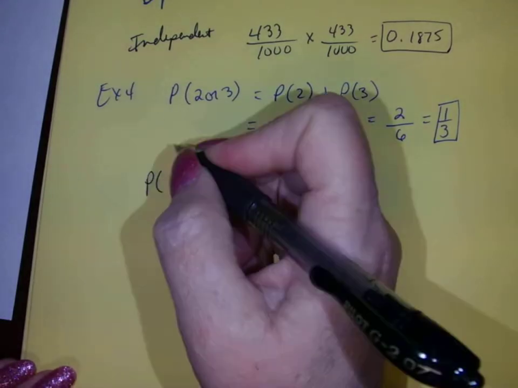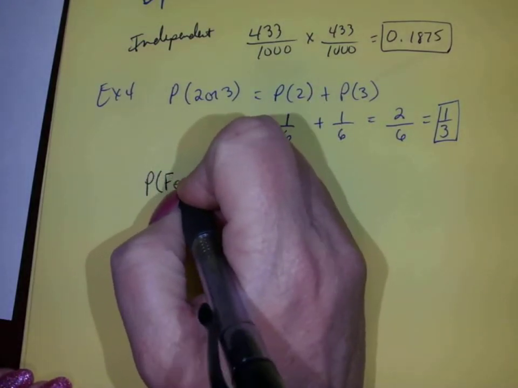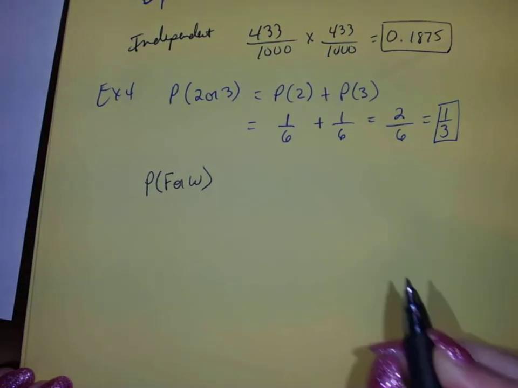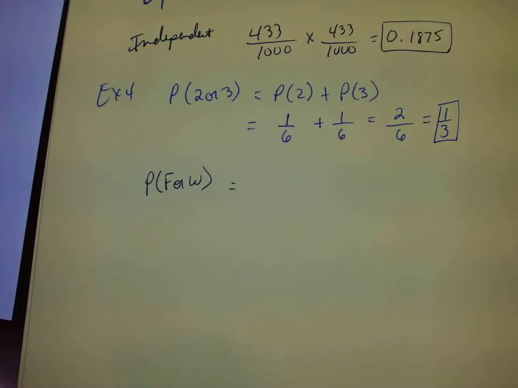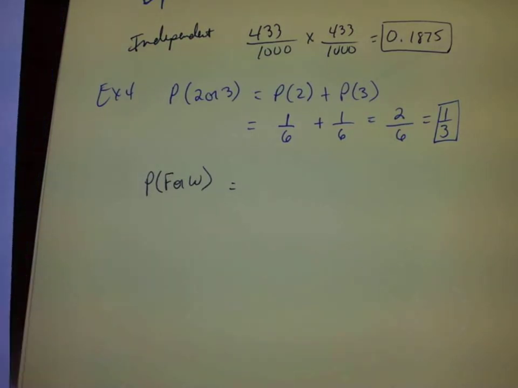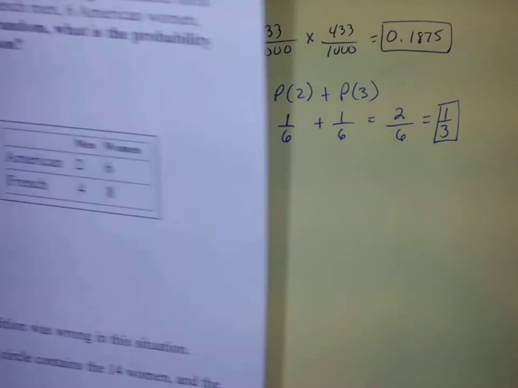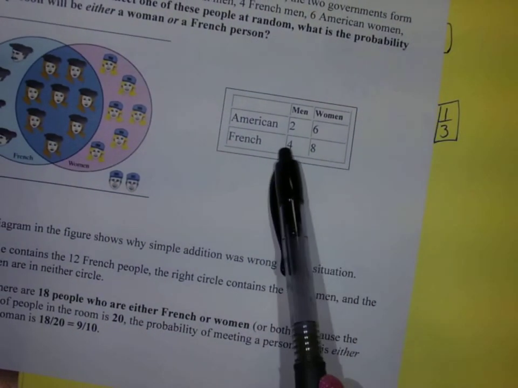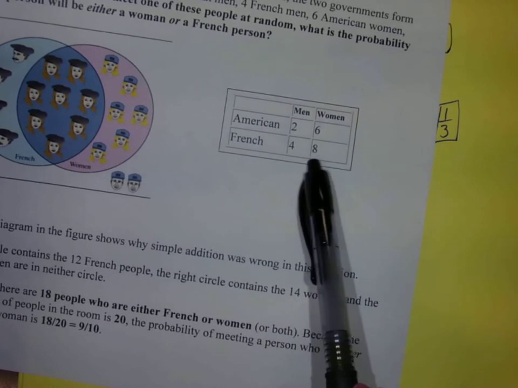So the probability of a French or a woman. Well, the total number of French people is 4 plus 8, so that's 12.